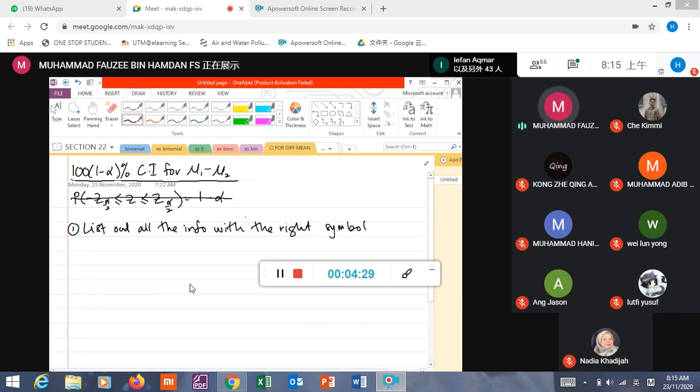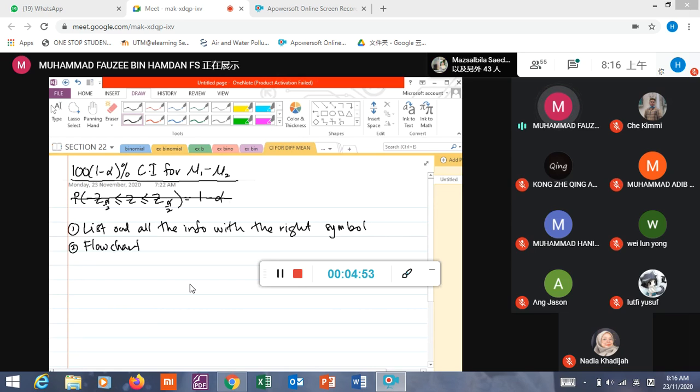This is very important. Based on your problem and your situation, you need to know what information you have. After that, based on this information, you can refer to the flowchart.